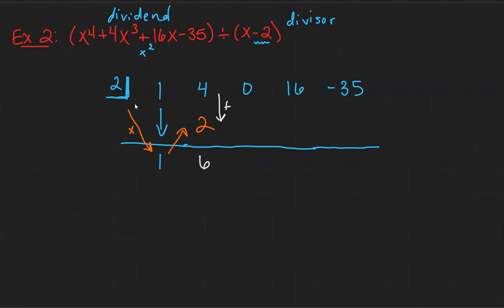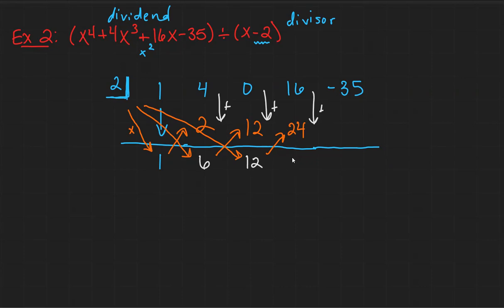Okay, and repeat. 2 times 6 is 12. Okay, and then add downward. What's 0 plus 12? Good old 12. Repeat. 2 times 12 is 24. Add downwards. So what's 16 plus 24?